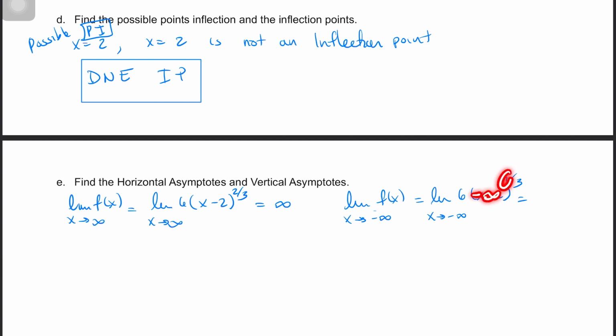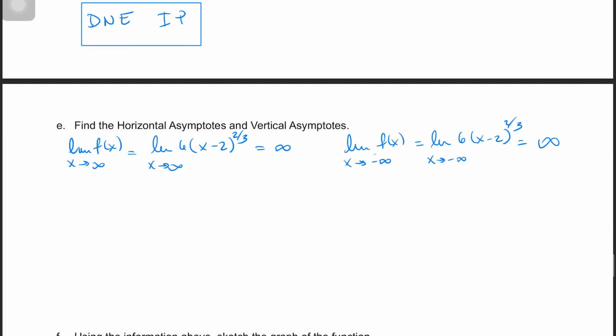Negative infinity squared is going to make this positive, right? And so this whole thing is going to be positive. Cube root of that is still going to be positive, times a positive is going to be positive. So no horizontal asymptote. In other words, does not exist.